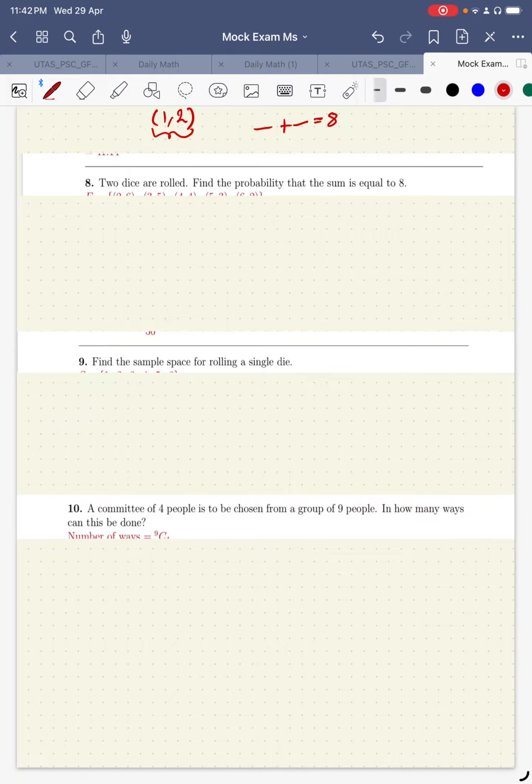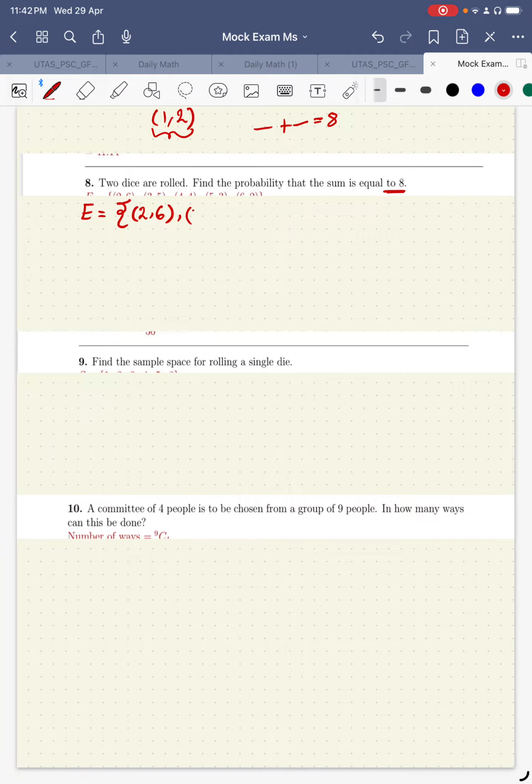So how am I gonna solve this one first? I'm gonna think about all possibilities where I'm gonna have two numbers that add to 8. So first I'm gonna define my event E. The first pair I can think about is 2 and 6. So if I get 2 from the first die and also 6 from the second die, if I add 2 plus 6, I'm gonna get what? 8. What else am I gonna have?